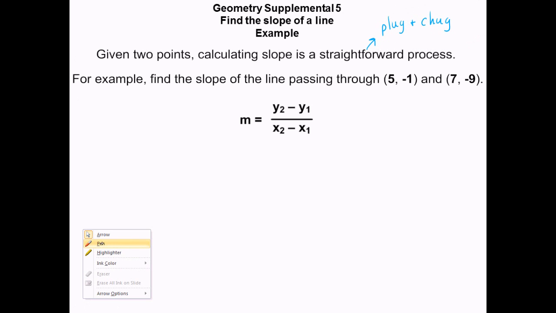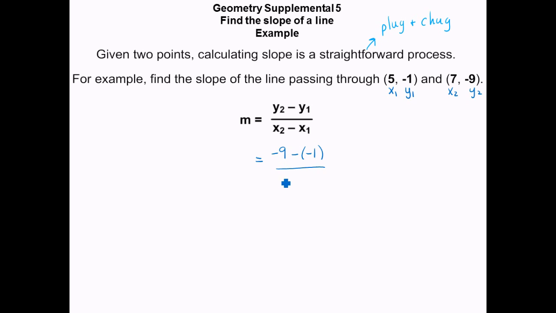So I have y2 minus y1 over x2 minus x1. So this is x1, y1, x2, y2. I've labeled those. Now I plug them in. y2 is negative 9, y1 is negative 1, x2 is 7, x1 is 5.